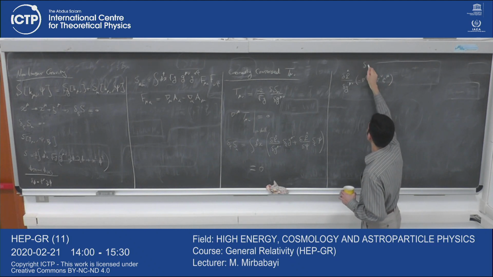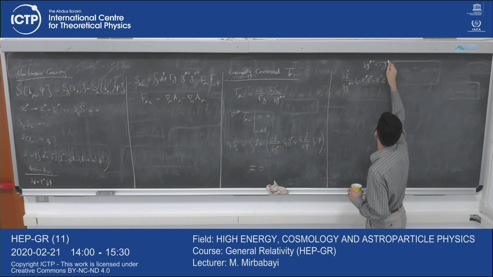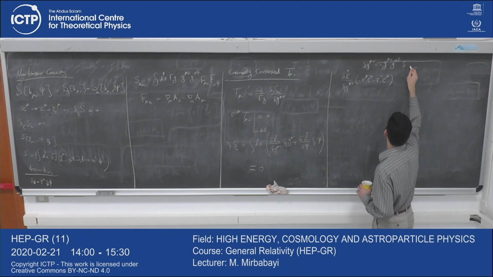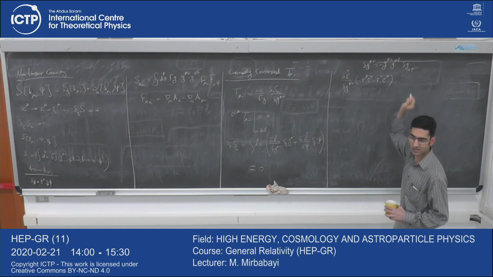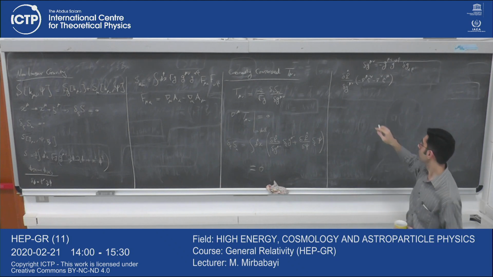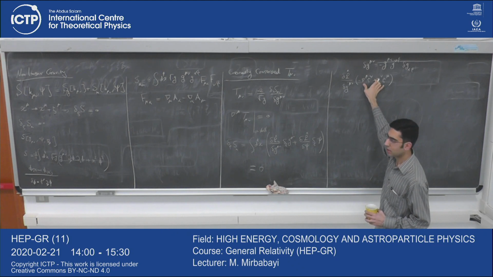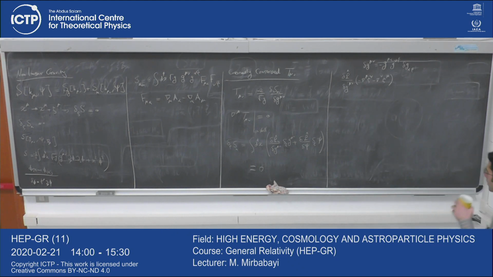Are you asking why delta g mu nu with upper indices is minus g mu alpha, g nu beta, delta g alpha beta? Is this the question? No, no. I mean the original form of the g mu nu. Oh, okay. In general, you're asking why this is the case. It's just a fact.